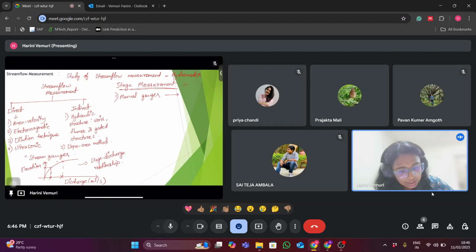In manual gauges, we have staff gauge. Okay, first one. So staff gauge is like a long vertical marked ruler which can be made of wood, metal, or fiberglass. We will just put that ruler into the stream and we will measure the depth. So we can get the stage measurement in feet, meter, inches, or centimeters.